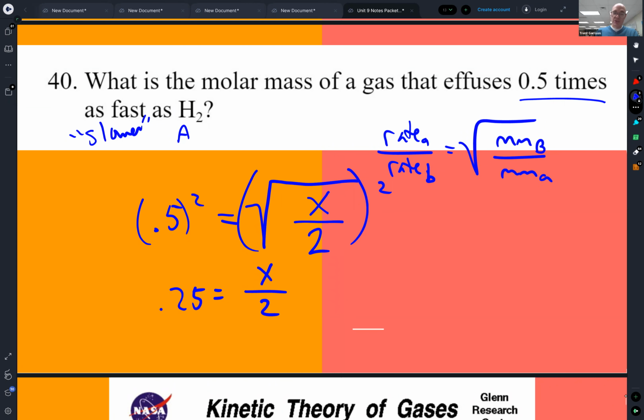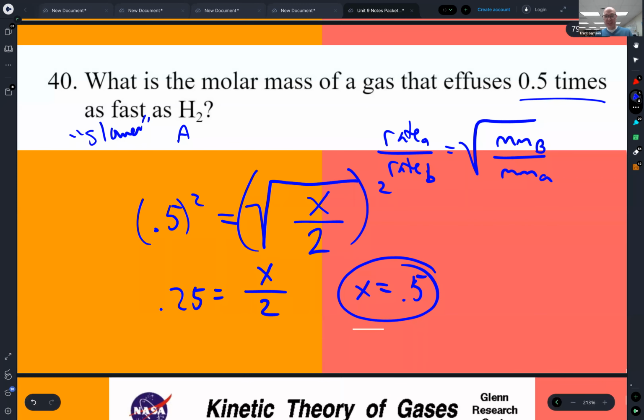Now this is just cross multiplication. 0.25 times 2 means that x is going to be equal to 0.5, which is very odd, because that would say that the molar mass of this thing is 0.5. I'm not sure that that's quite correct. I'm going to fix that when I get to class. But for the purposes of this video, that would be our answer on that one. Okay.